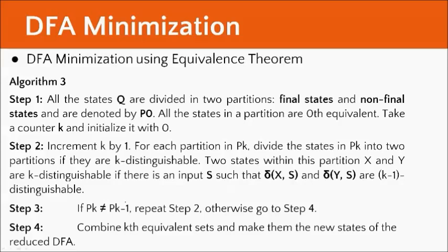Step 3, if PK is not equal to PK minus 1, you have to repeat step 2. Otherwise, go to step 4, then combine the kth element sets and make them the new states of the reduced DFA. So again, we are to apply the applications for creating this state diagram and state table next meeting.